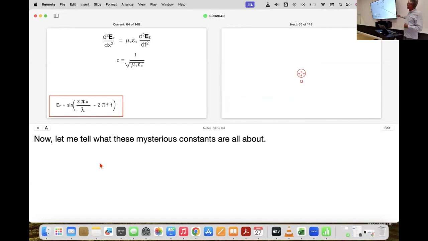This is the speed of, we're not sure if it's light yet. Maxwell would say when he saw this, oh, that must be the speed of an electromagnetic wave. Okay, that's the speed of an electromagnetic wave. But now let me tell you what these constants are all about. That's rather important.